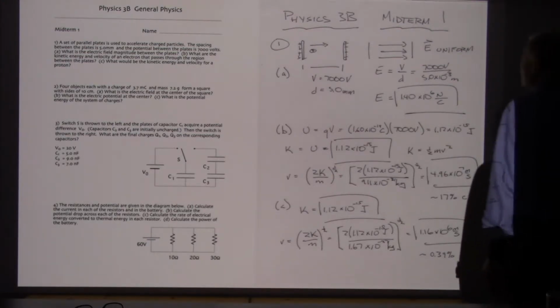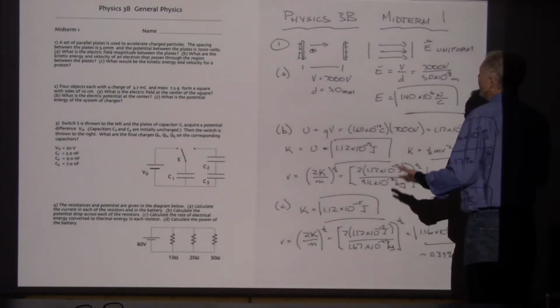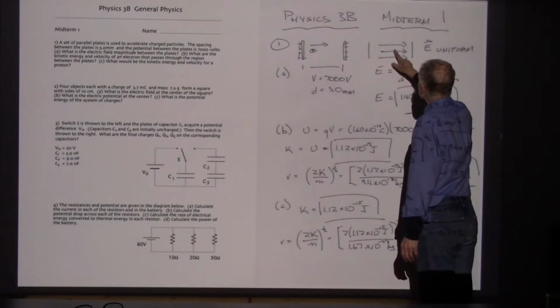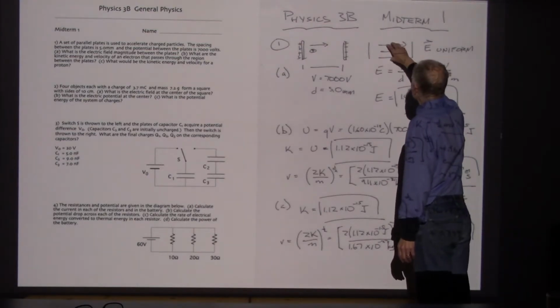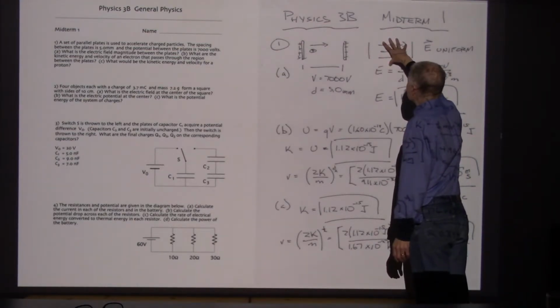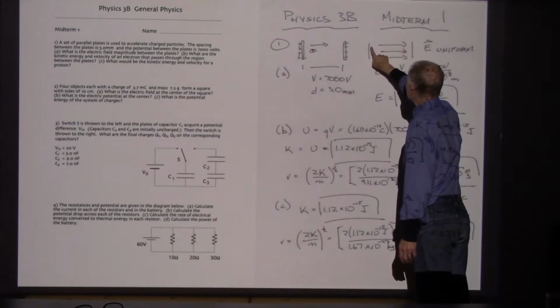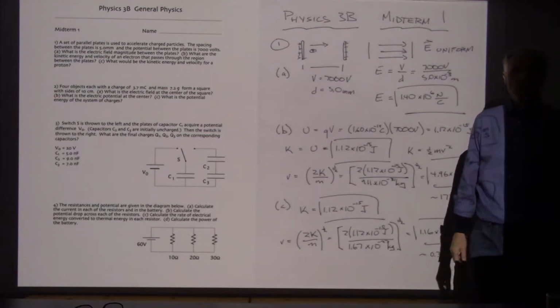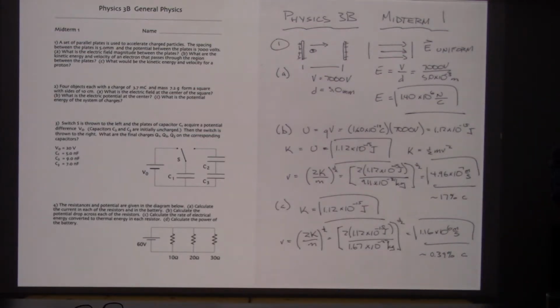Now, we know from talking in class that when you get out to the regions on the edges, the electric field is not necessarily uniform, but in the central region, we often have a pretty good approximation of a uniform electric field. So that's the assumption that we've been making, and we're going to stick with that.